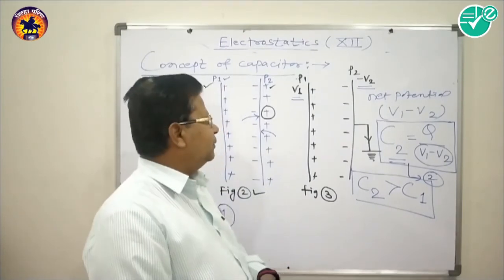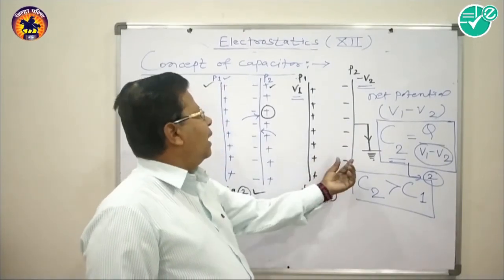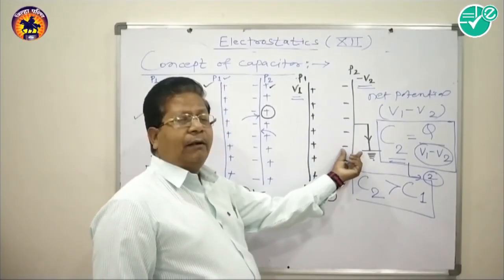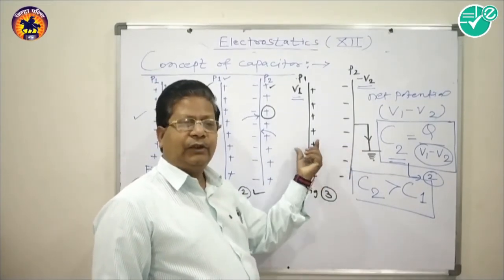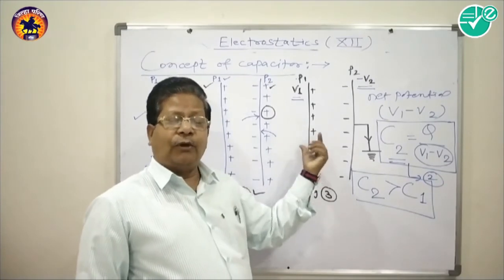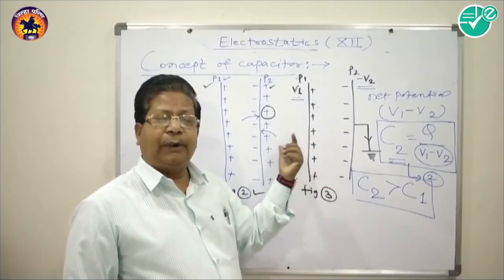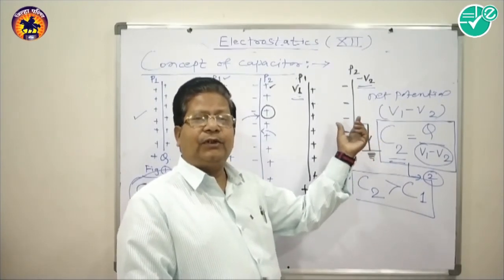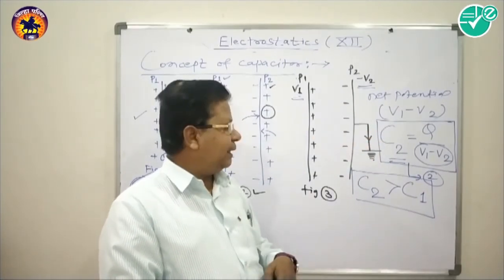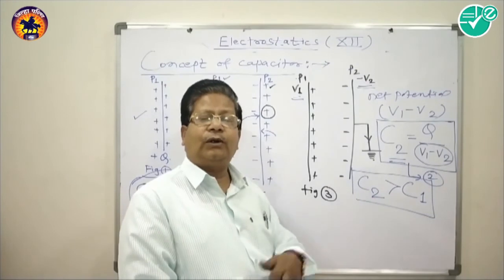That means when another identical metal plate is brought near the positively charged metal plate, and the other plate is connected to the earth, then the capacity goes on increasing.